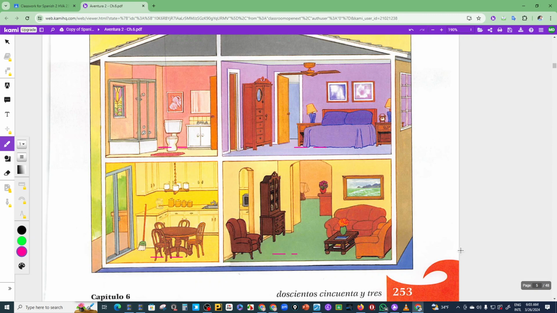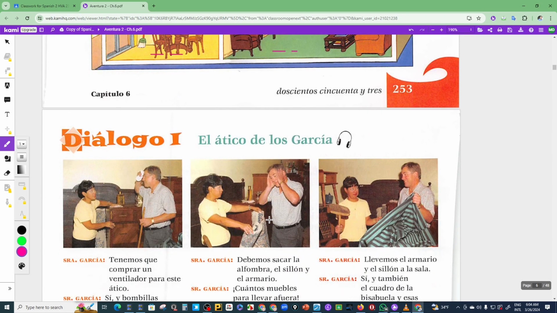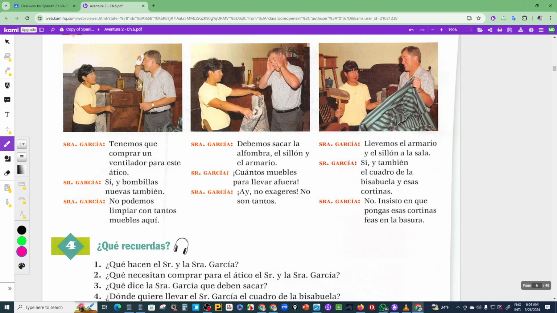Which room is it? Una mesa, 4 sillas, una lámpara, una escoba y una puerta de vidrio. ¿Cuál cuarto es? If you answer el comedor, that is the correct answer. Okay, very good.